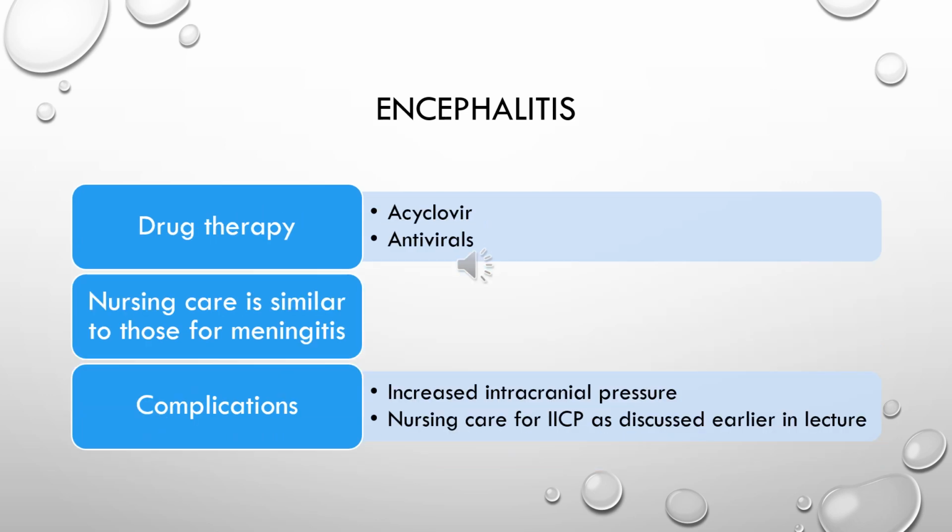Also in encephalitis, I don't really have a slide on diagnostics because they're very similar to those of meningitis. You're probably going to have them get a lumbar puncture to analyze the CSF and see if you can determine what organism is causing the problem.